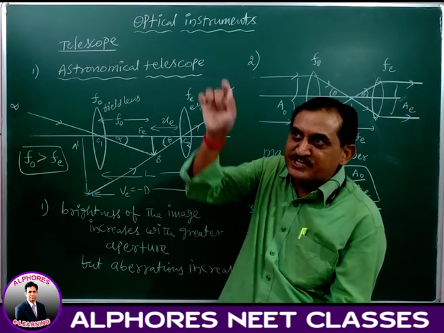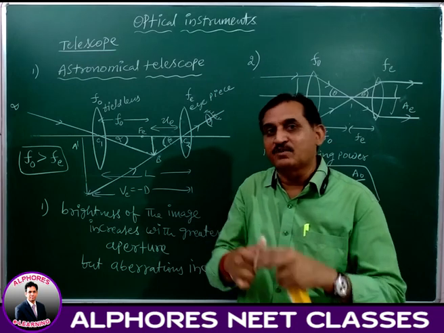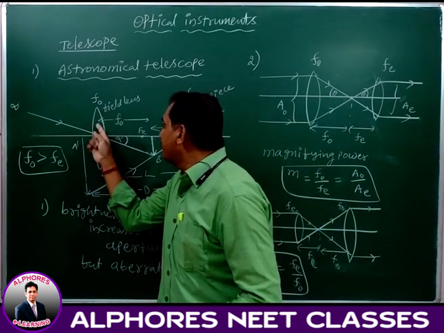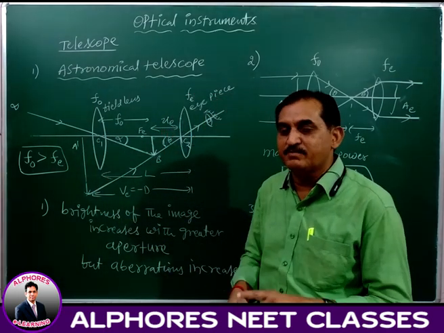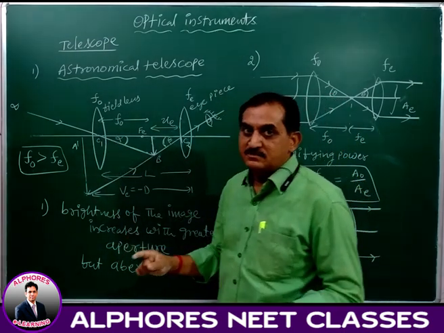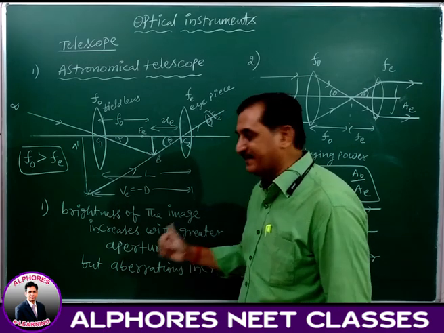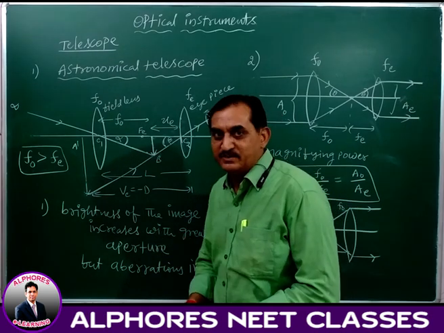If the aperture size is more, it gathers more light rays incident on it, therefore its brightness will definitely increase.